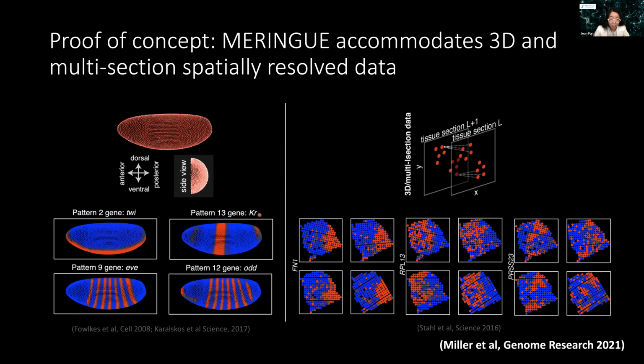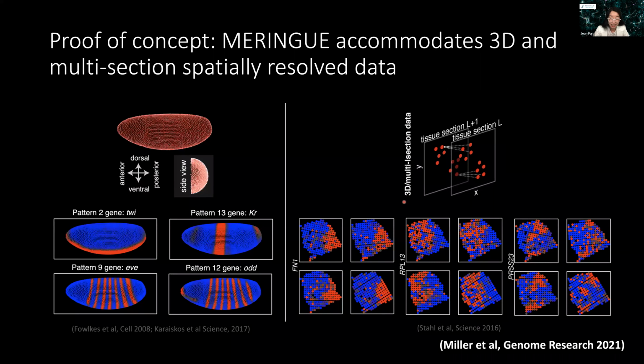But we can also accommodate multi-section data, which often is a little distinct from true 3D data, since the sections tend to be a little bit further spaced apart, for example.